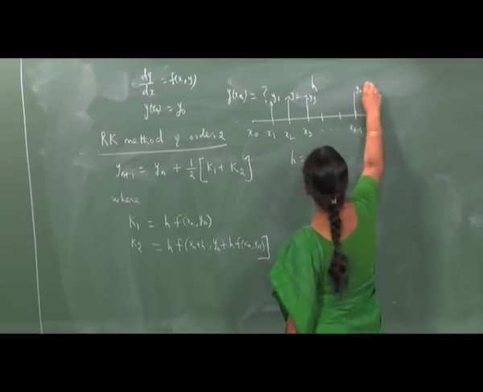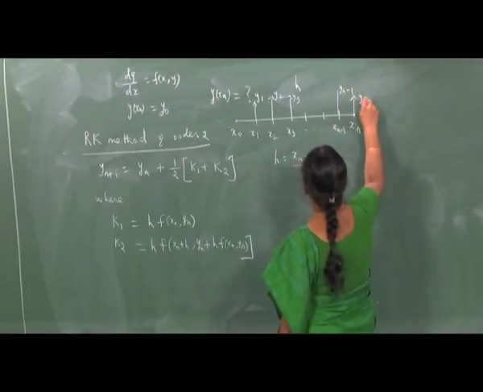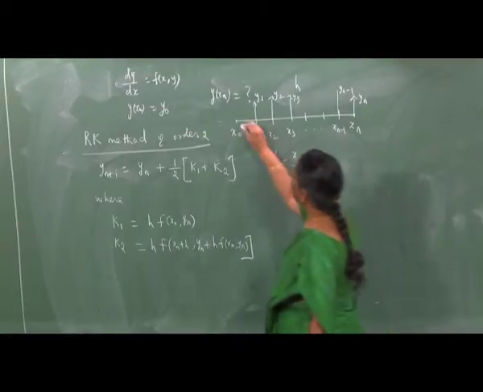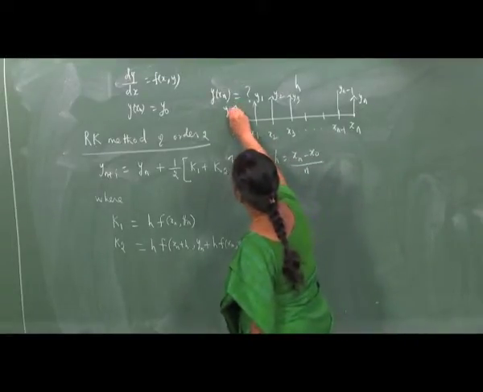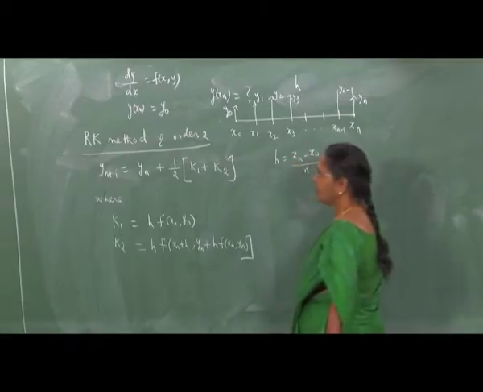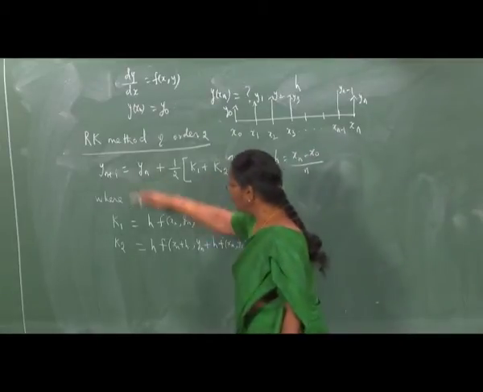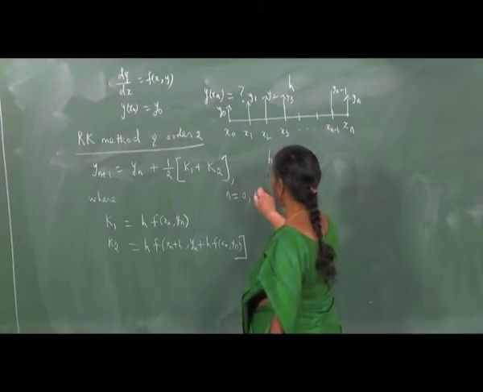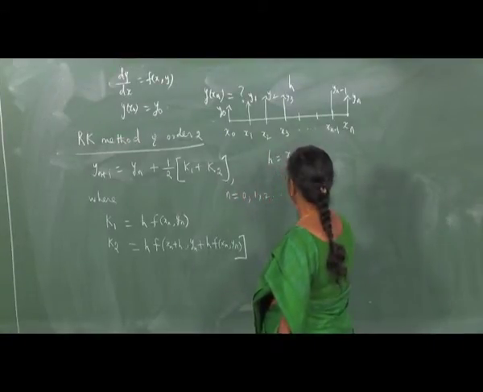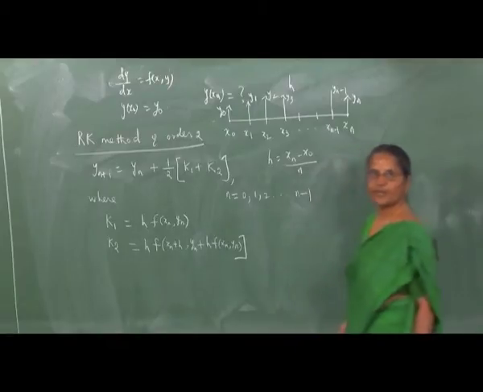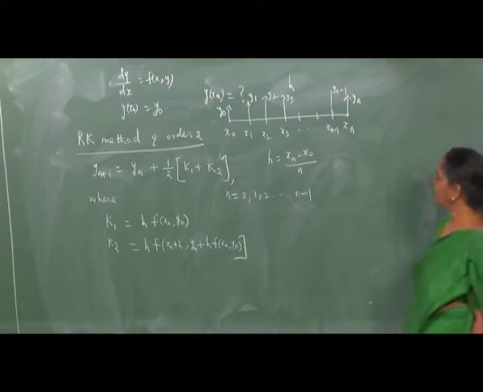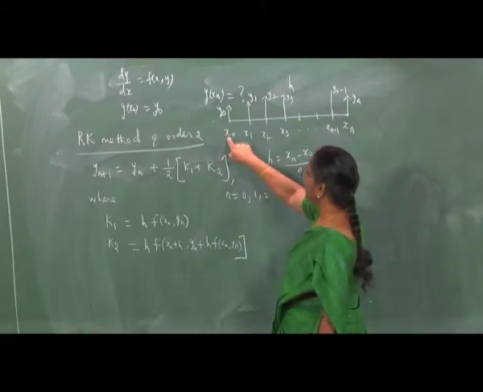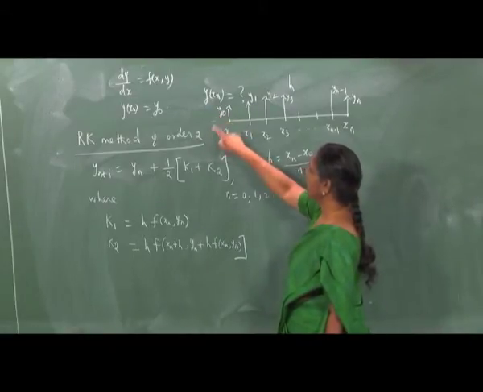At xn minus 1 it is yn minus 1 and at xn it is yn, and information is given at x naught as y naught. So, we use this method for values of n equal to 0, 1, 2, 3 etc. up to n minus 1, and start with the information given at x naught, namely y naught.